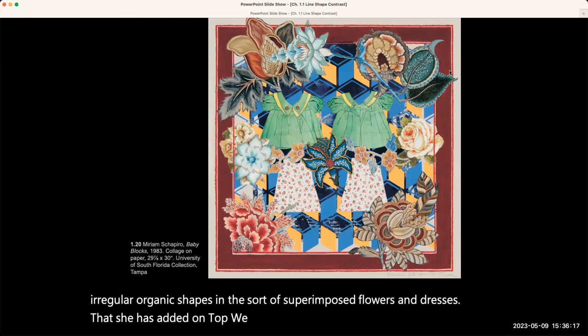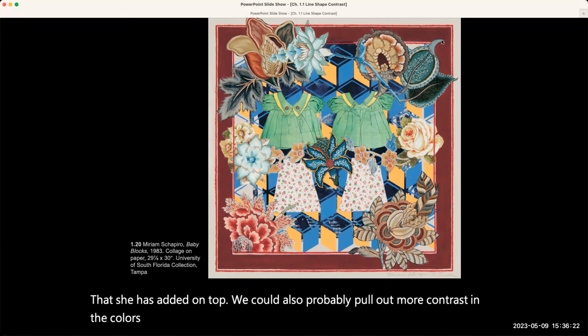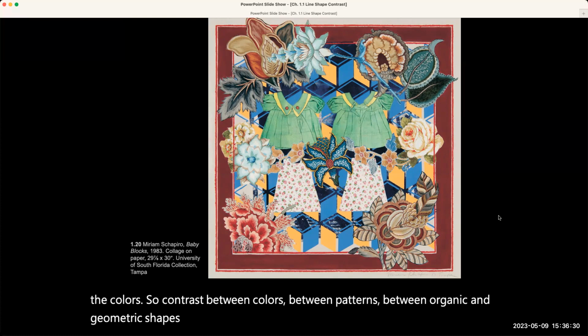We could also probably pull out more contrast in the colors. So contrast between colors, between patterns, between organic and geometric shapes.